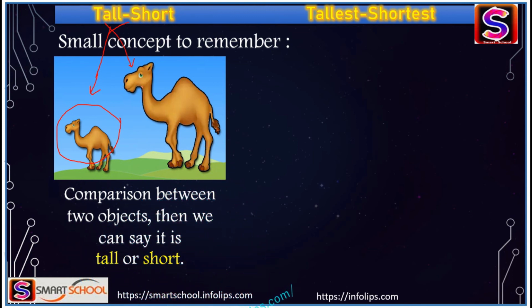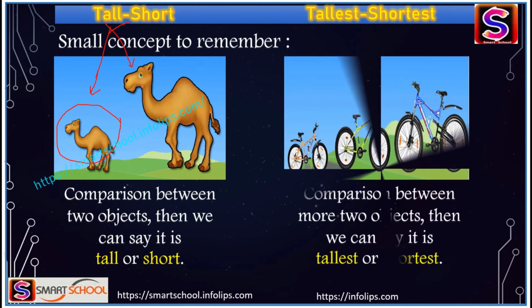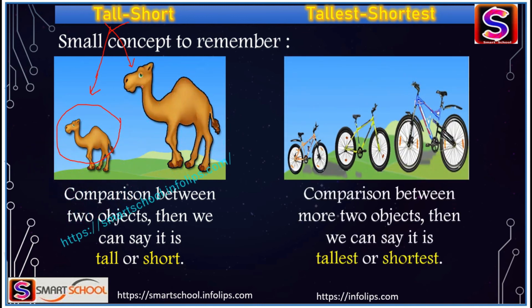But for a comparison between more than two objects, it means at least three objects should be there or more than that. See here, there are three bicycles. For a comparison between more than two objects, we can say tallest or shortest.